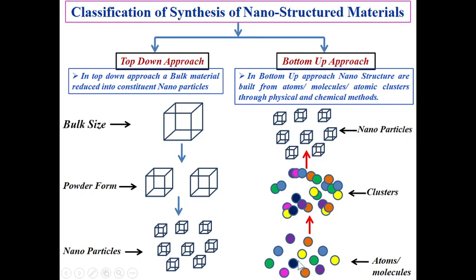That is why it is called the bottom up approach, from lower to some extent of dimension or nano dimension. From angstrom dimension to nano dimension, or you can say lower dimension to higher dimension. Here it is higher dimension to lower dimension.